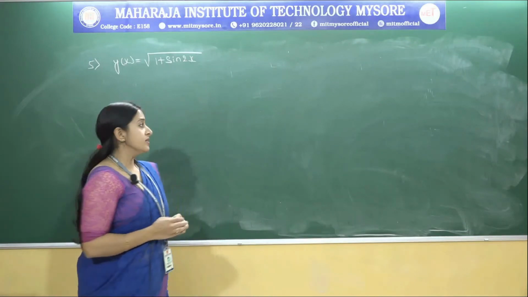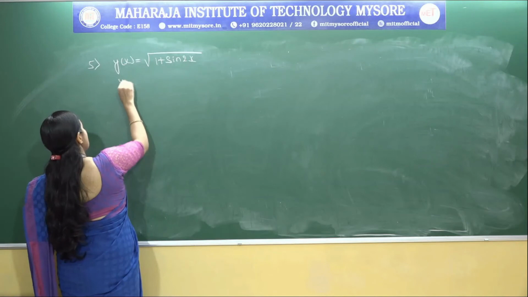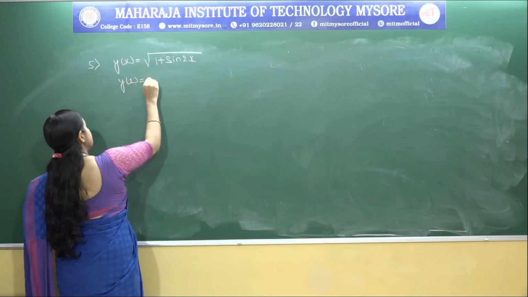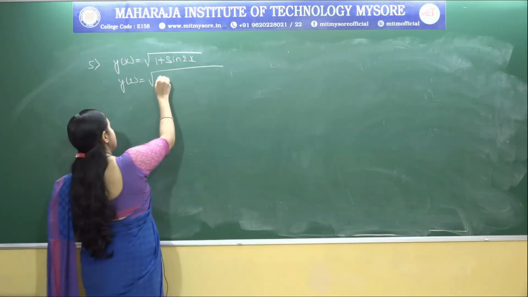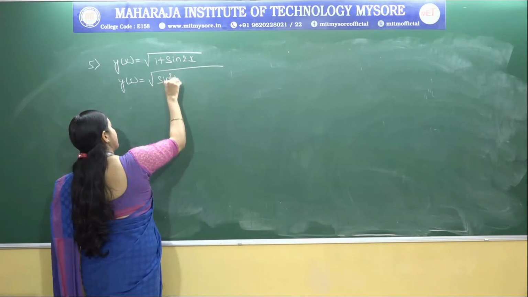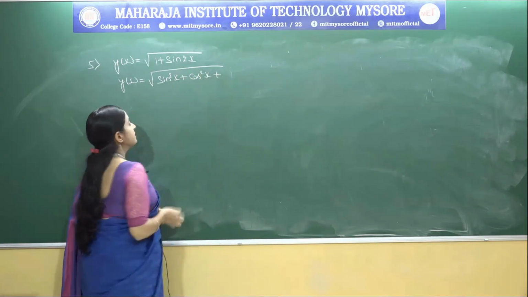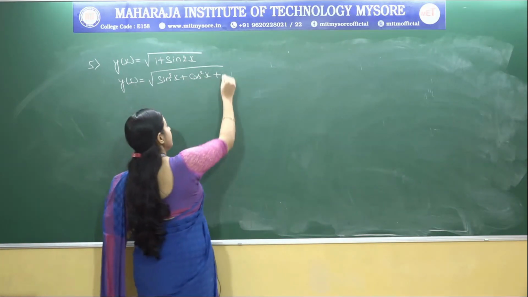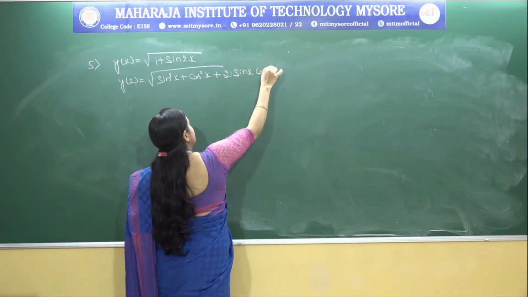To avoid that, I write the 1 using the formula: take y of x equals square root of, write the 1 as sin square x plus cos square x, plus sin 2x, you can write it as 2 sin x into cos x.